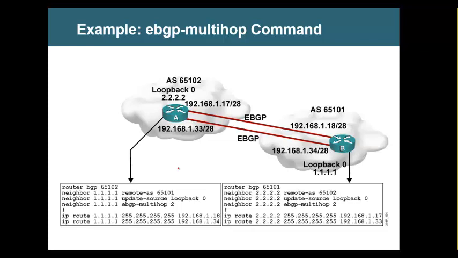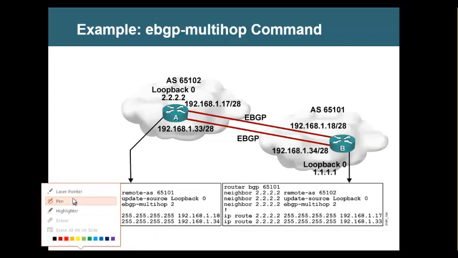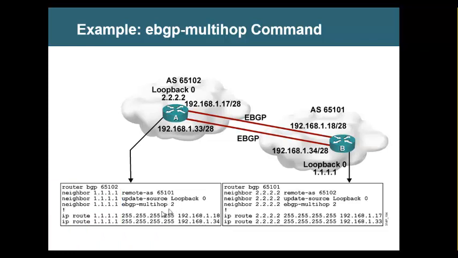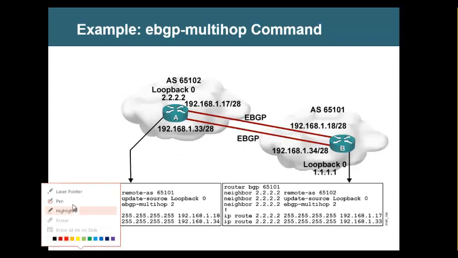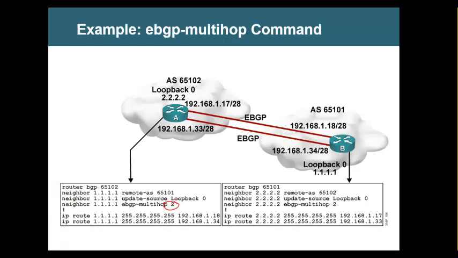Only after you put this command, packets will be generated and shared. If you fail to give this, the packet won't even go out, because the default TTL is 1.